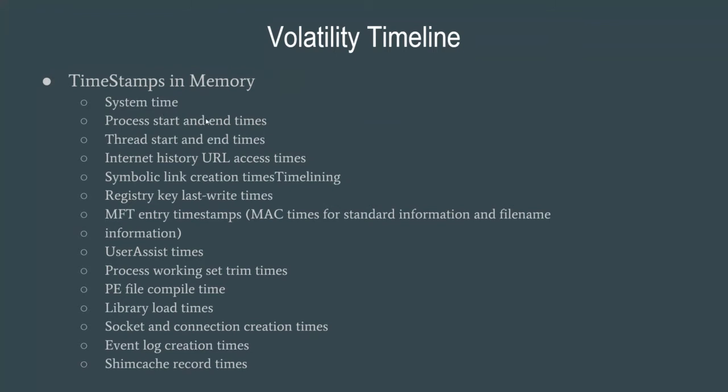The process start and end times, any URL access times, symbolic link creations, very Linux specific, the registry keys, the MFT entry, master file table entry timestamps, UserAssist. You know what UserAssist is now, right?